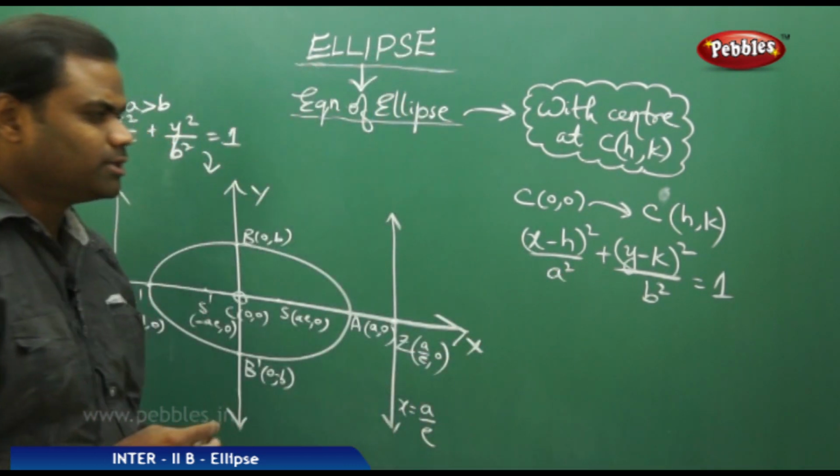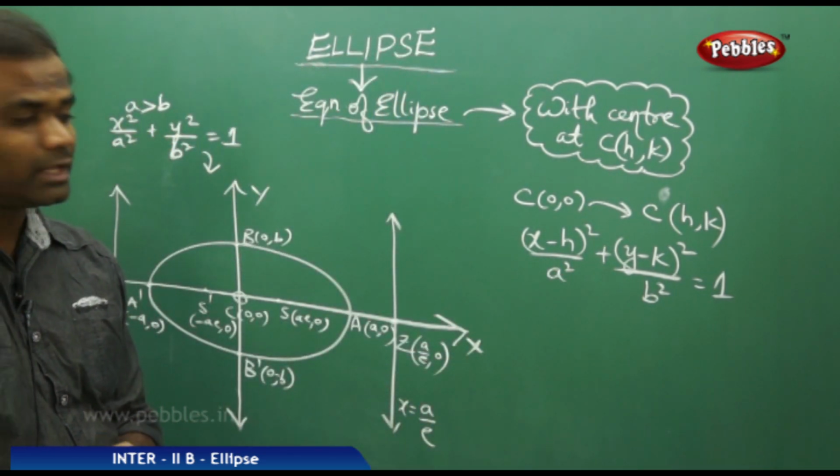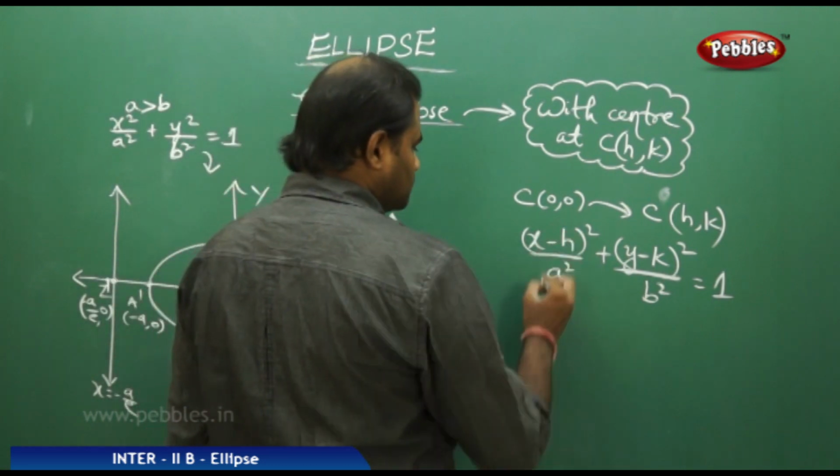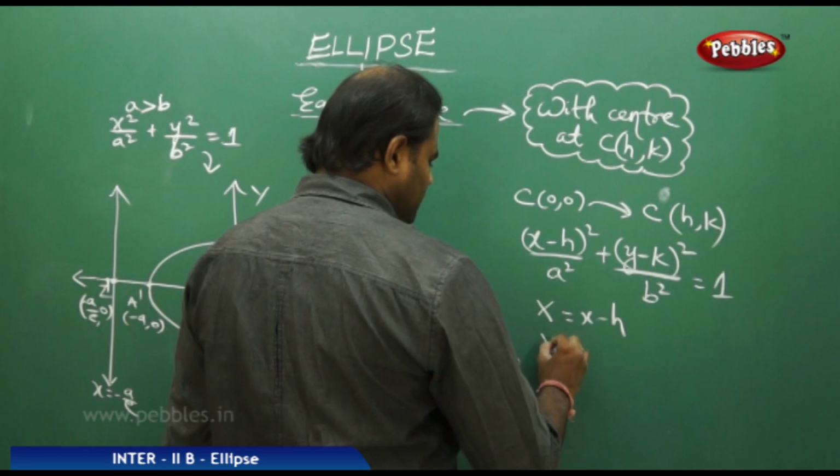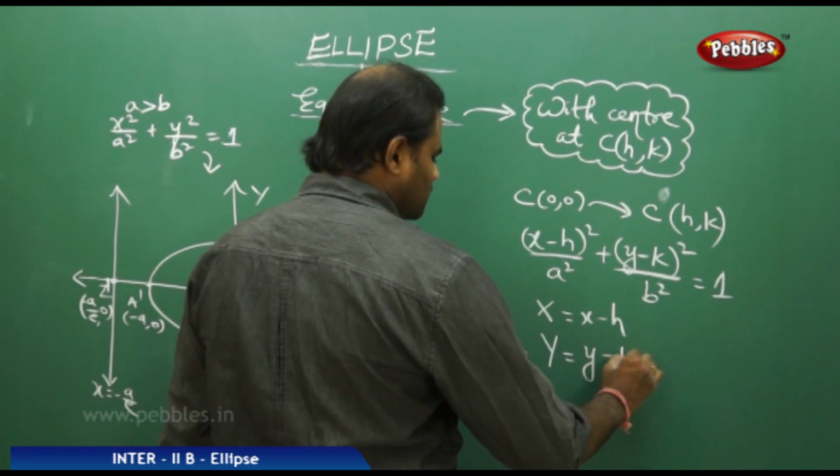So this is the transformed equation of ellipse, where I have my capital X as x minus h and my capital Y as y minus k.